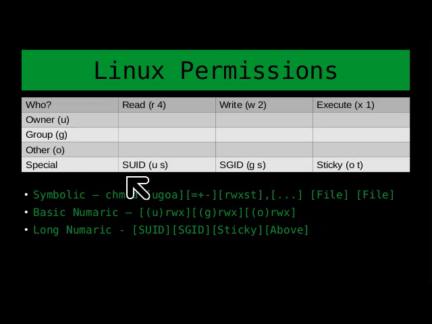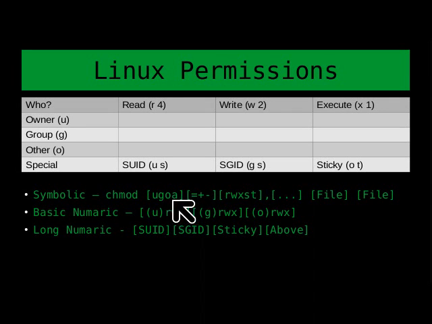So let's take a look. For the symbolic, that's what I've got these critters up here for, but you've also noticed that there's an A, and I don't have an A over here. The A is for all. That's going to mean it's going to set owner, group, and other all at the same time.